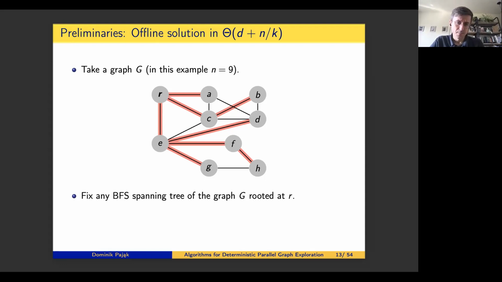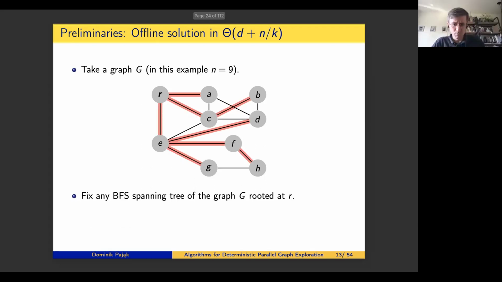So the BFS tree is an example of a particular spanning tree, one that has this additional feature that it does not make the paths too long.